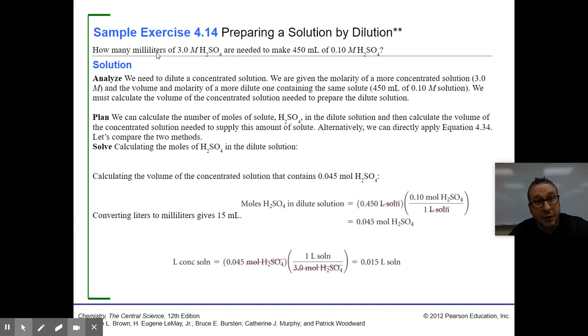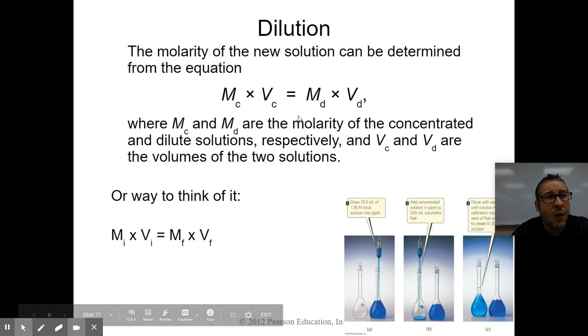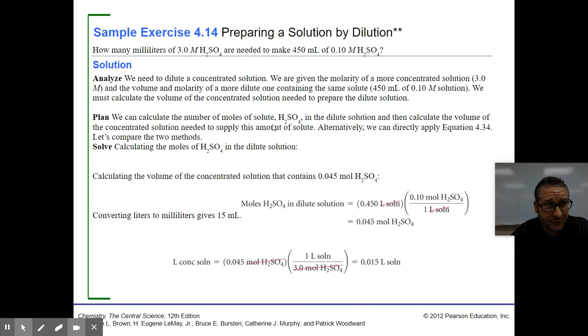So let's look at how they solve this here. I forgot to put my dimmer back up. Anyway, so we're going to take this equation, whatever one you want to use, whatever way works best for you. Basically we see that we need to make 450 milliliters of 0.1 molar. So we are diluting a 3 molar concentrated solution to 0.10.